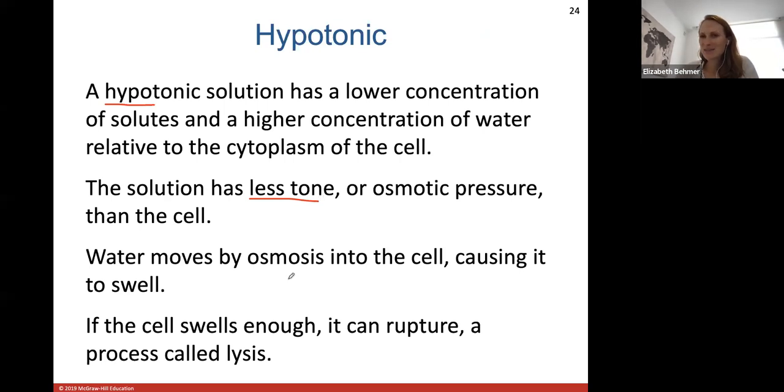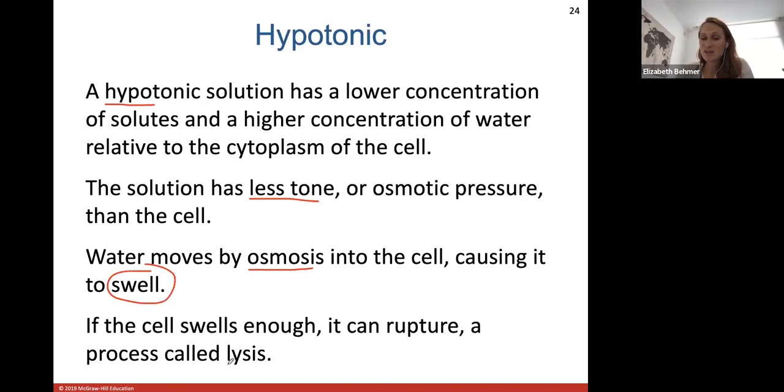Because the inside of the cell is more concentrated than the solution itself, water moves by osmosis into the cell. Remember that water moves by osmosis from a higher water concentration, or a hypotonic solution, to a lower water concentration. And when this happens, water will move into the cell, causing it to swell.